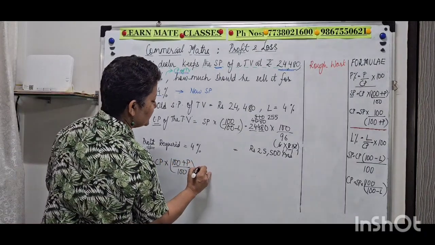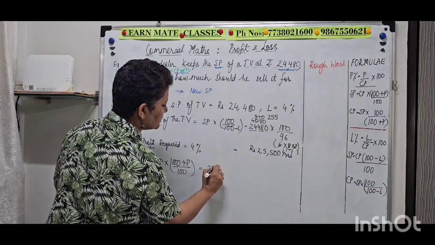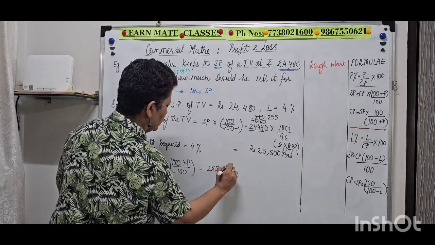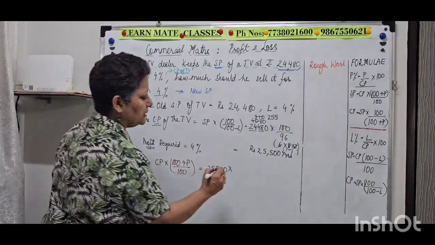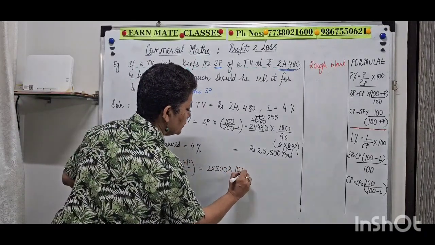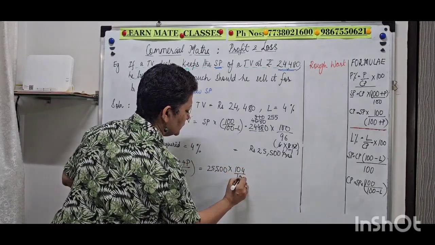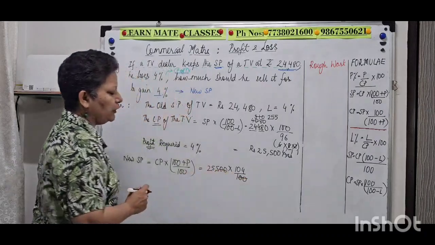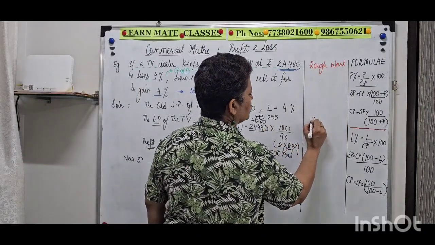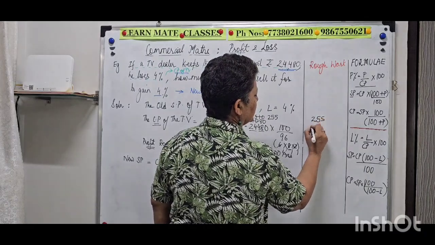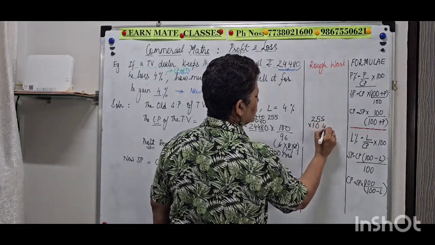So this is CP, which is 25,500, 100 plus the profit, which is 4%, 104 upon 100. The zeros cancel and you are left with 255 into 104, 255 into 104.